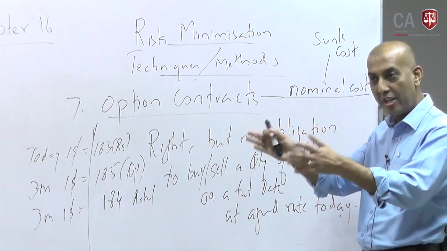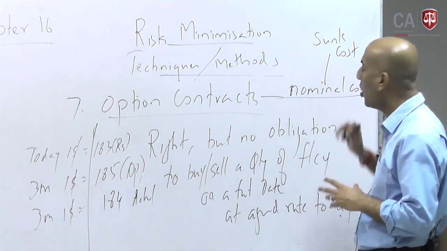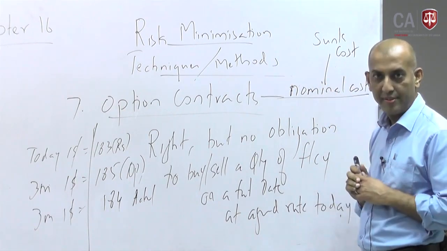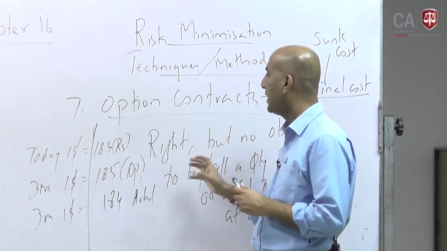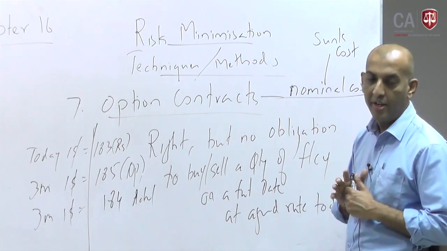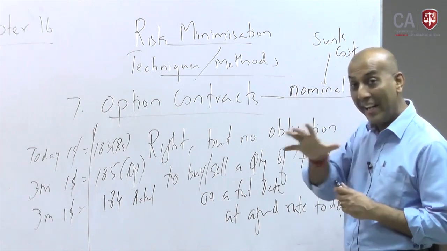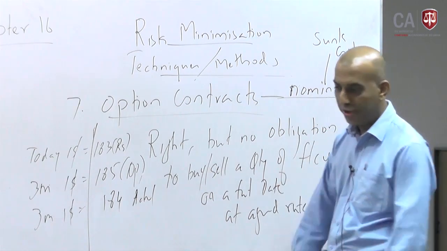Your exercising decision is based on market conditions. So please understand that the option contract is more beneficial than the forward exchange contract. The forward contract gives you a binding nature; the option contract gives you only a right, with no binding nature.